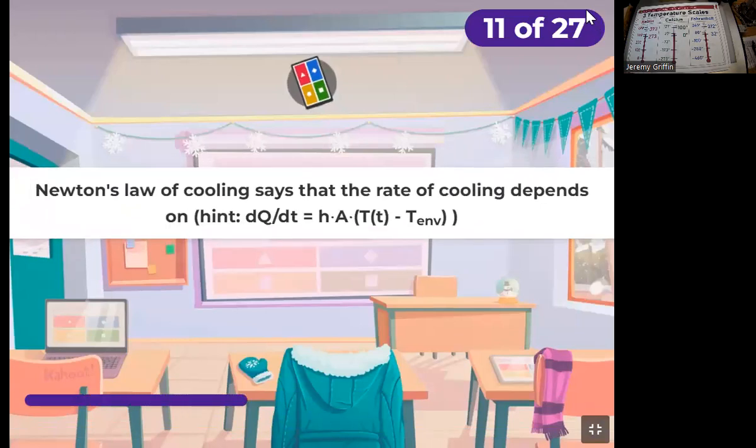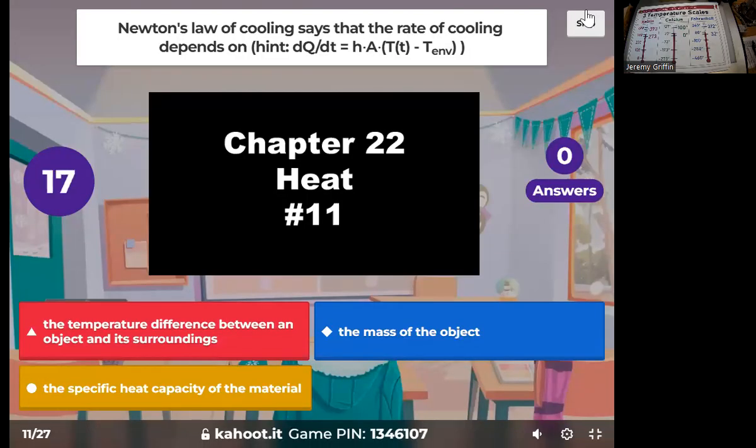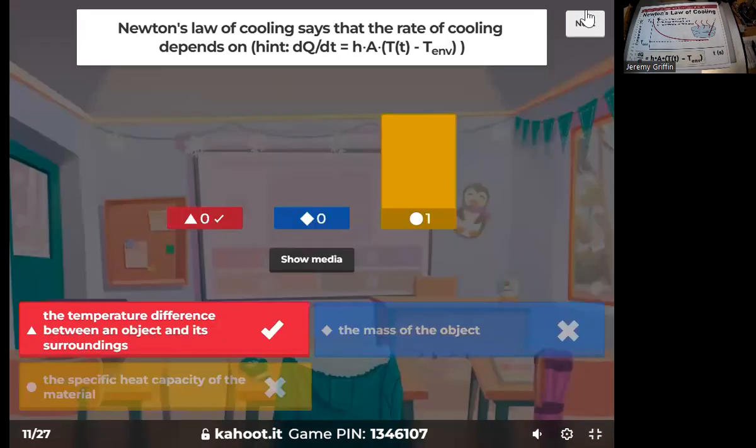Newton's law of cooling says that the rate of cooling depends on, oh, and there's the equation I just showed you guys. Yeah, so the temperature difference matters.